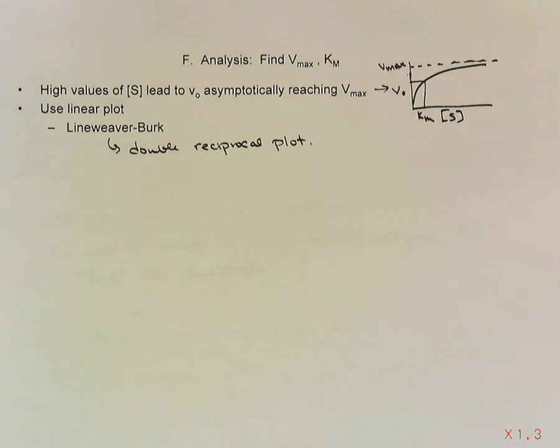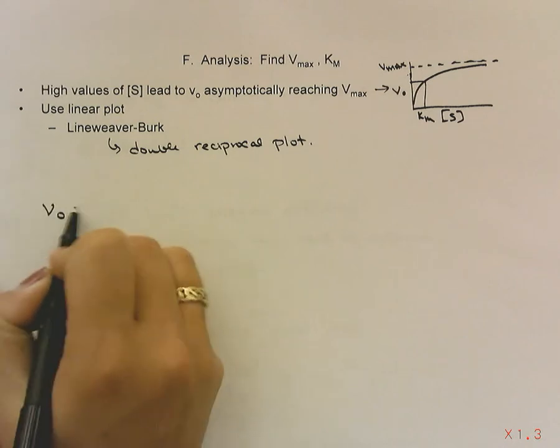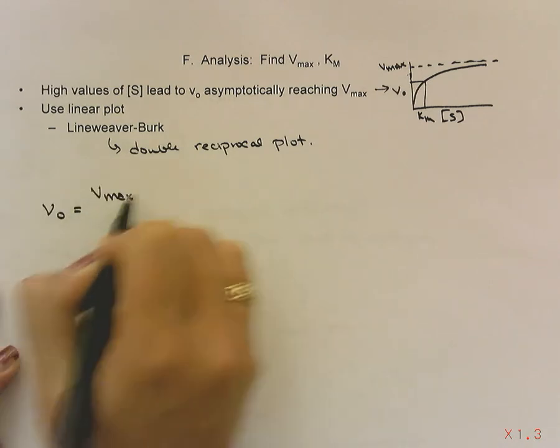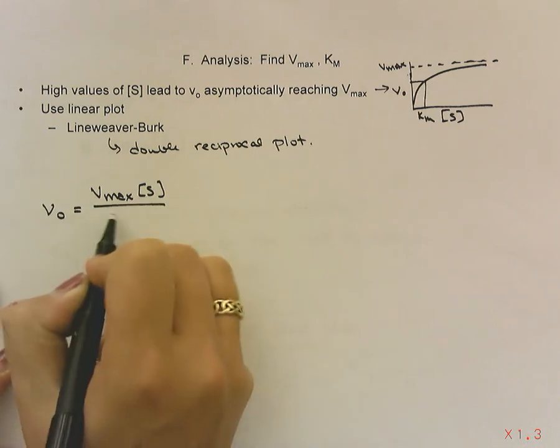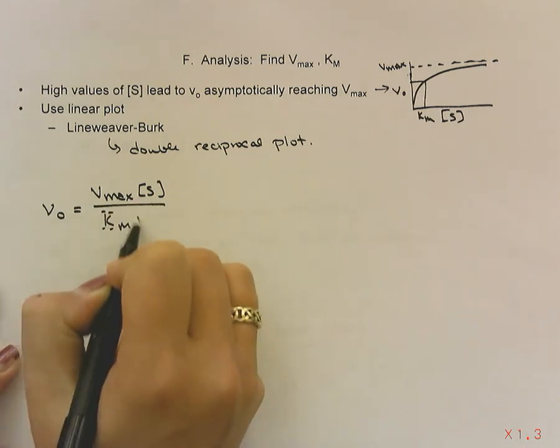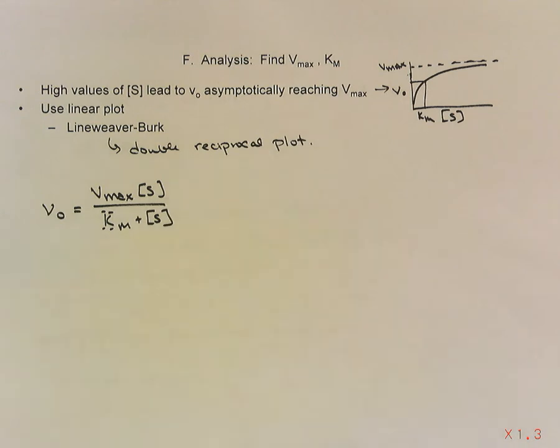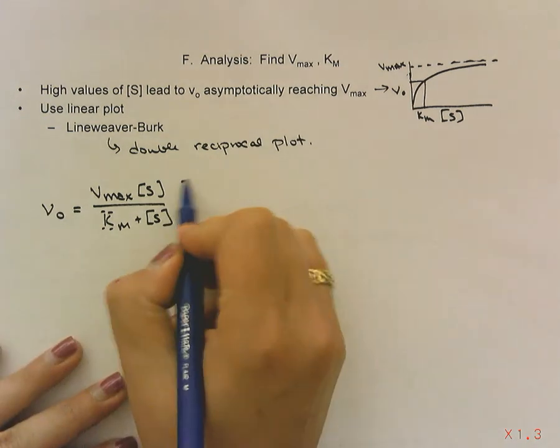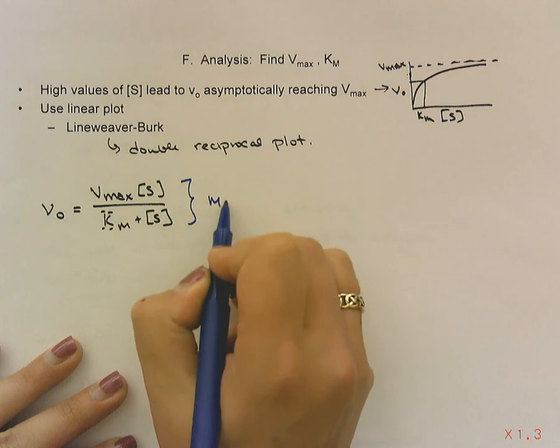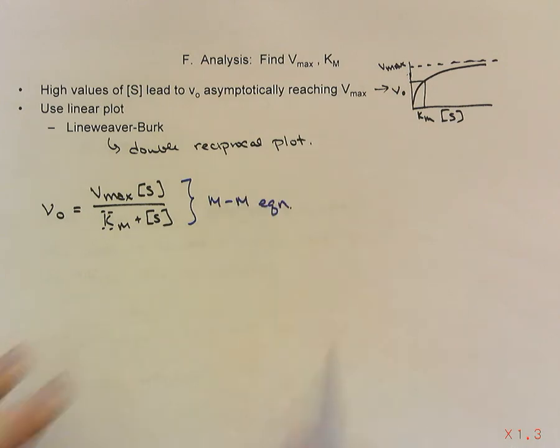So before, we had our Michaelis-Menten equation. V0 equals Vmax times substrate concentration divided by the Michaelis-Menten constant plus substrate concentration.